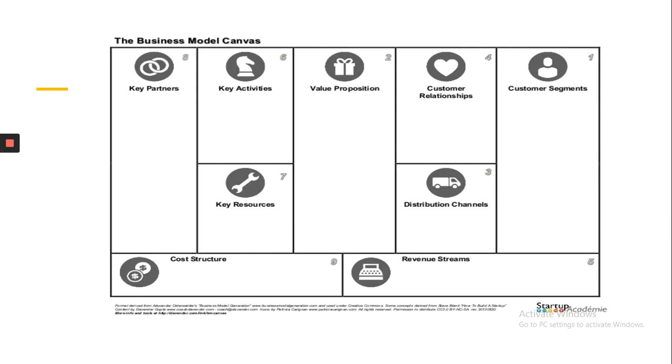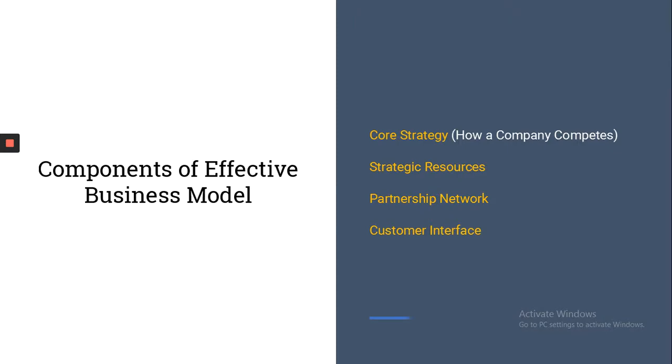So that depends on how the company decides its core strategy. So the value proposition and the revenue stream represent those core strategy components, right? Similarly, the customer segments, the customer relationship, and the distribution channels represent the customer interface. And then the key partners, the key resources that we mentioned, the key activities, and the cost structure. So all of these 9 building blocks are actually these 4 components of the effective business models, right?